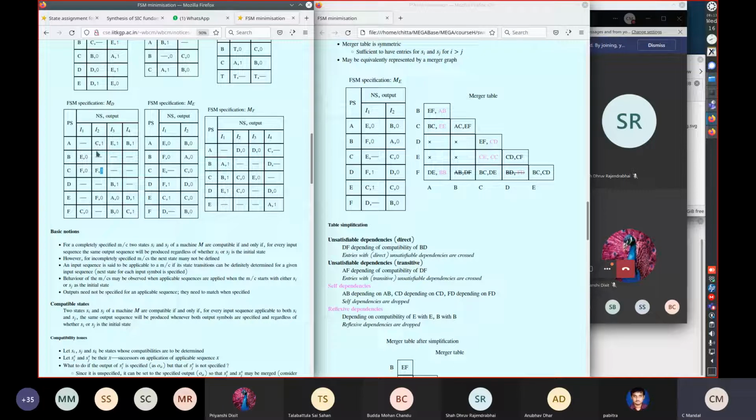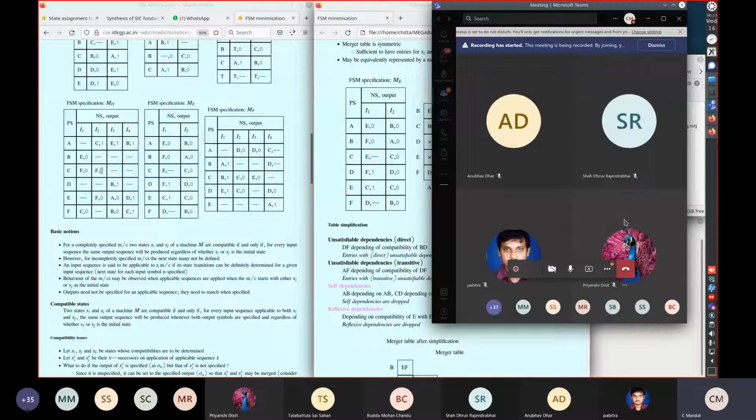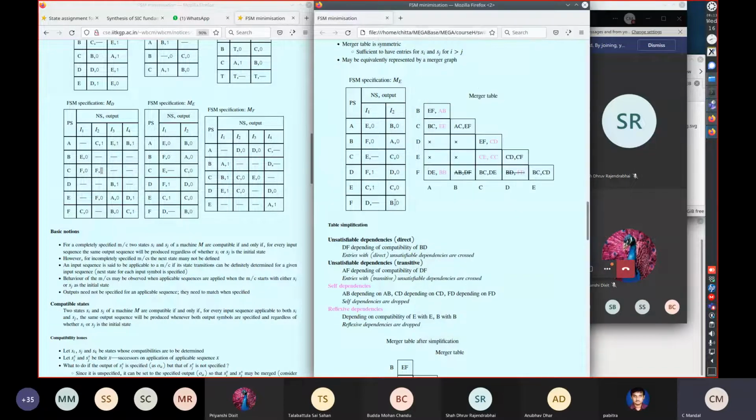But if you apply I2, A will go to C and C will go to F. So you should get the same output for applicable sequences for C and F. All right. So like that you construct the table. Okay. So carry on, and once you're done, you can take a snapshot and post that.